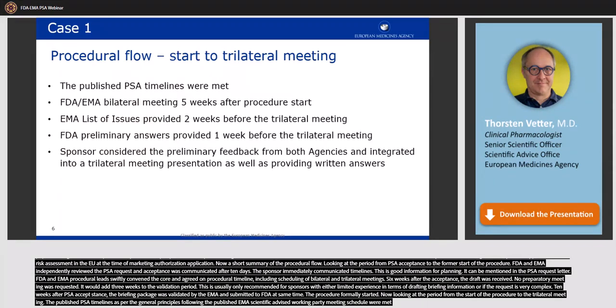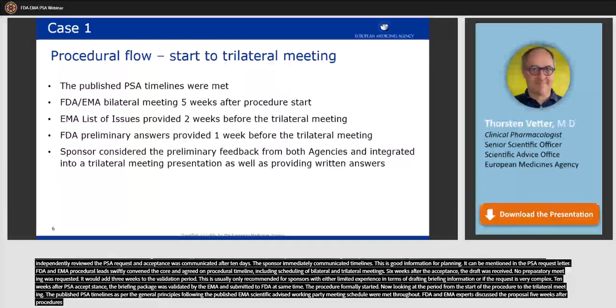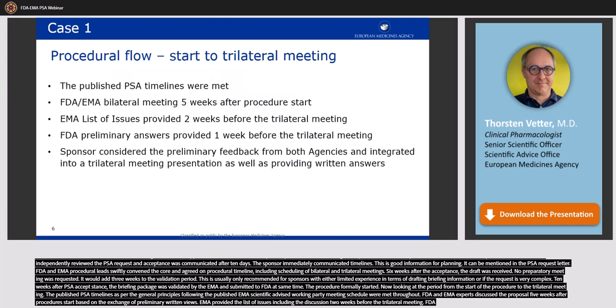FDA and EMA experts discussed the proposal in a bilateral meeting 5 weeks after procedure start based on an exchange of preliminary written views. EMA provided the list of issues including a preliminary scientific discussion 2 weeks before the trilateral meeting. FDA shared preliminary answers with the sponsor 1 week before the trilateral meeting.